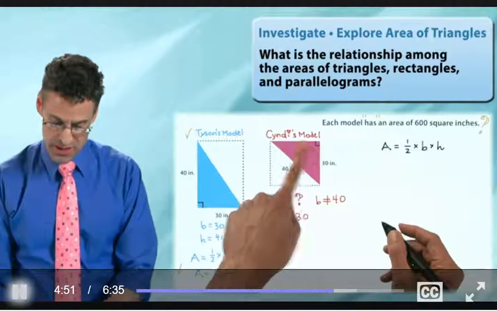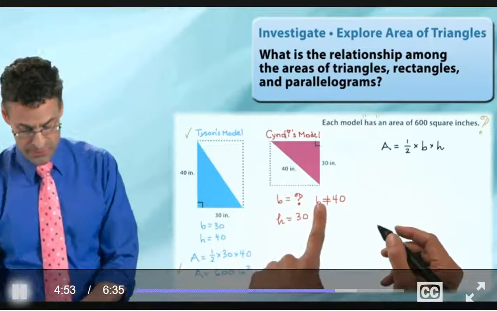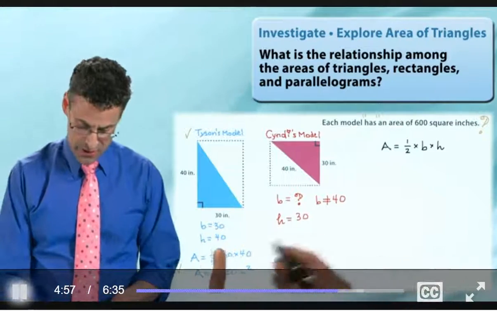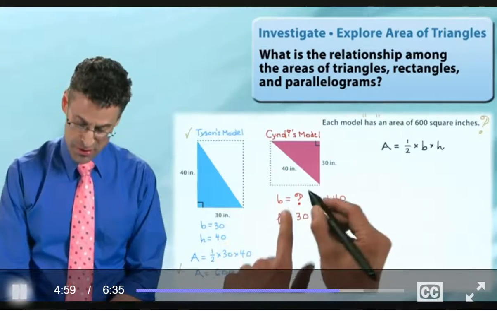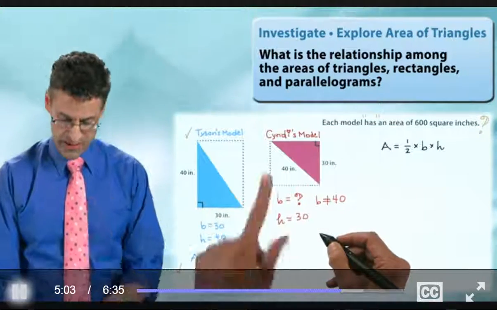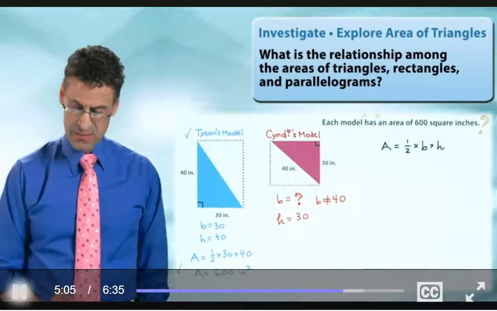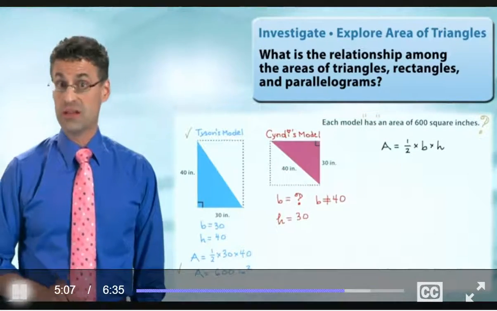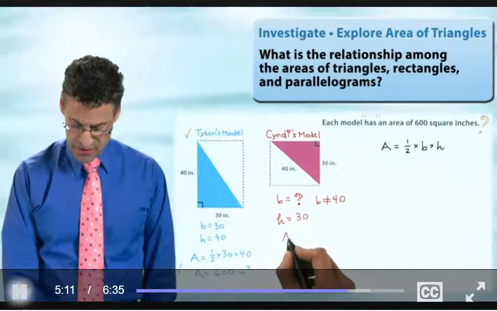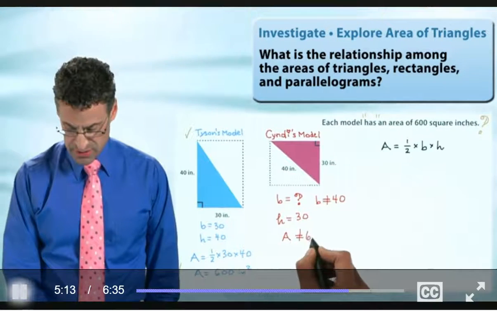Whatever this number is, it's not 40. It's going to be smaller than 40. So when I put in the 30 and the number smaller than 40 into this formula, we'll get a number smaller than 600. So the area will be less than 600, which means that the area is not going to equal 600.